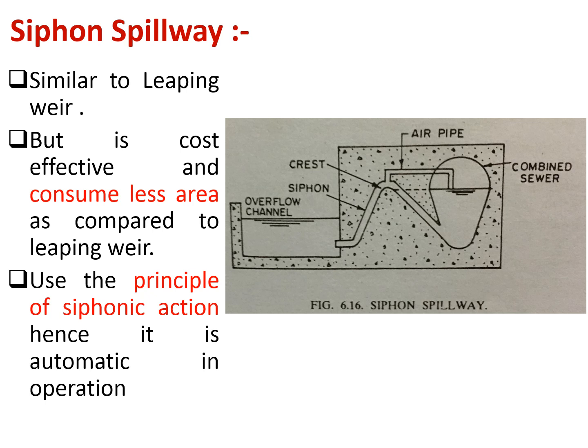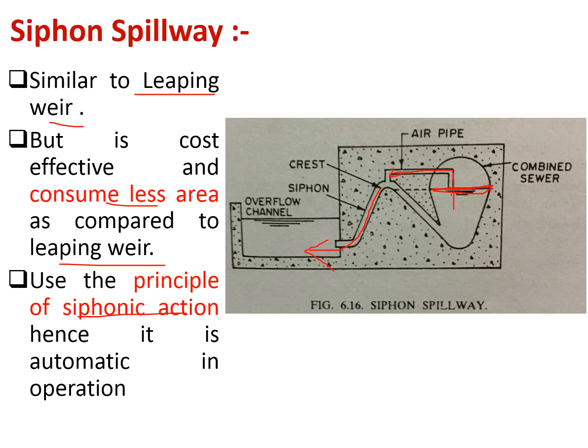Next is siphon spillway. Here also it is similar to the lipping weir, but it is cost effective and consumes less area as compared to the lipping weir. Here there is a use of siphonic action that we have seen in the operation of the automatic flushing tank. Here this is your combined sewer that has some definite volume. Up to this level it has capacity. If the capacity is exceeded and some overflow is there, then the water will go inside and meet the siphonic action, and it will overflow to the overflow channel.